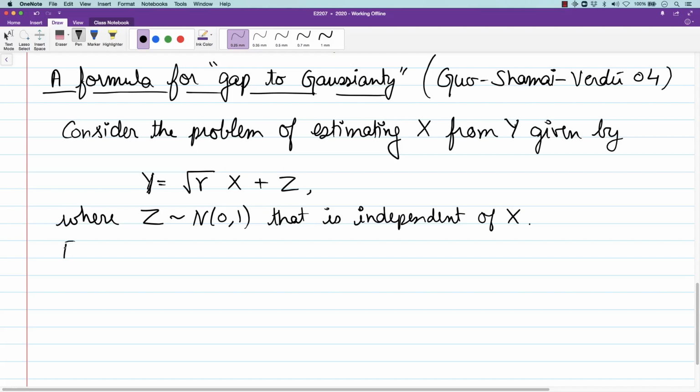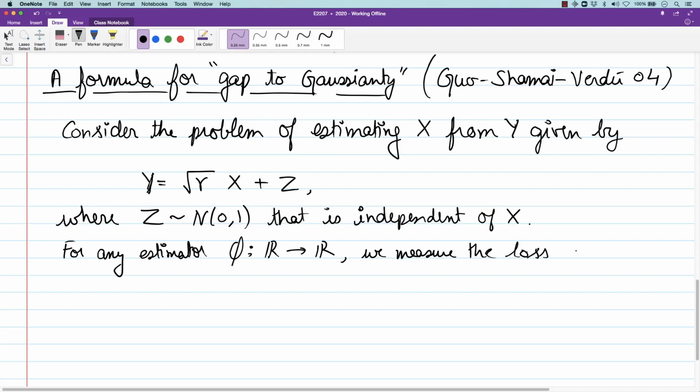So for any estimator phi which looks at y as input, and we'll get some estimate x hat, we measure the expected loss by the mean square error, expected value of phi y minus x square.